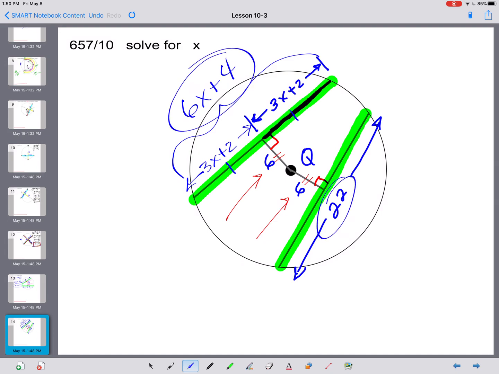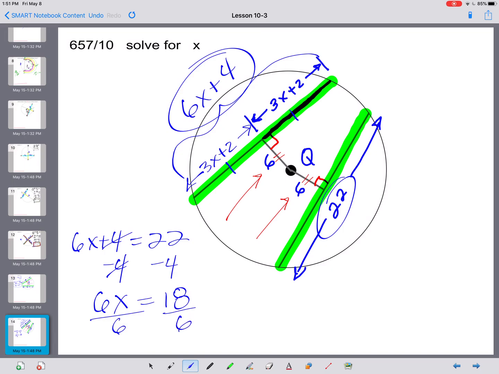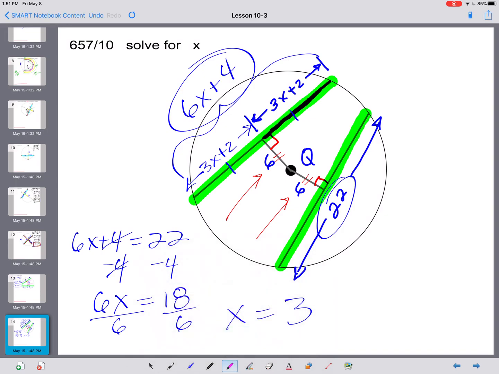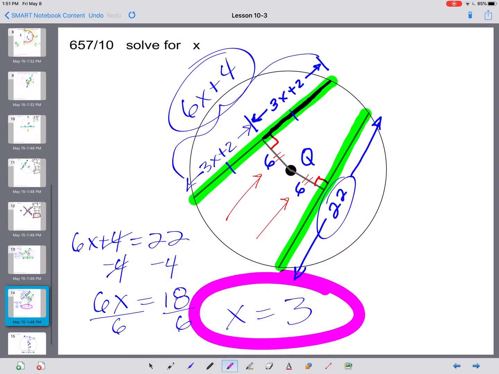Let's set it up then. 6x plus 4 has to equal 22. Minus a 4 here, minus a 4 here. Gone, gone. Okay, 6x equals, what's that, 18. Divide by 6, divide by 6. X equals 3. That's all they wanted. They just want the variable on this. Boom, there you go.